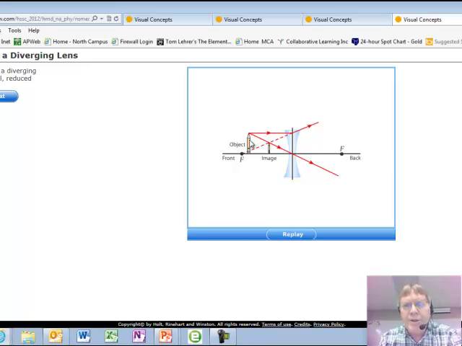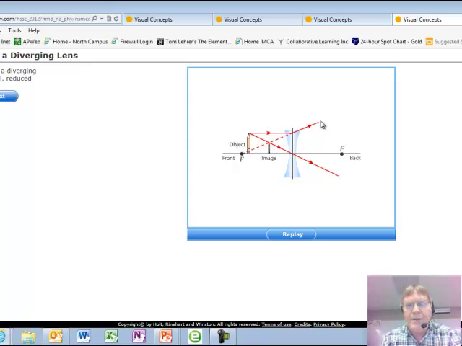Okay, and let me just point out, here is that ray of light that goes right through the optical center of the lens. This is where the principal axis and the plane of the lens intersect. A line drawn through that point goes straight through unaffected. All right, so this line looks like it's coming from back here. This ray appears to be coming from back down this way, and where those two intersect, you get the image here.